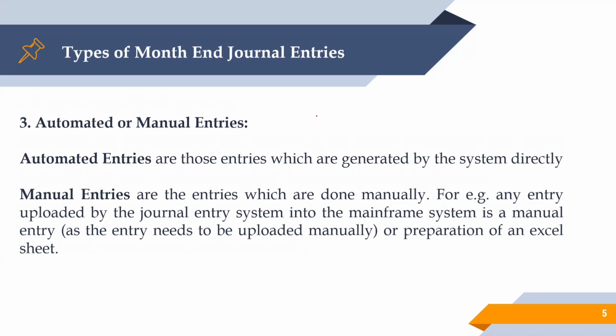Similarly, any such entries the system does automatically are the automated entries. And manual entries are when we are doing them manually or uploading through the uploader by preparing it in an Excel sheet, then that's treated as a manual journal entry.